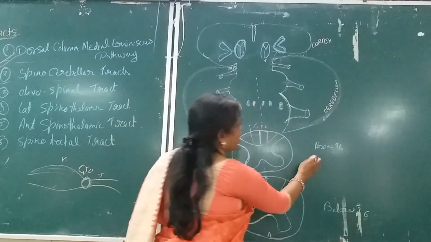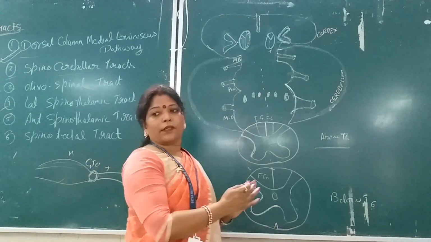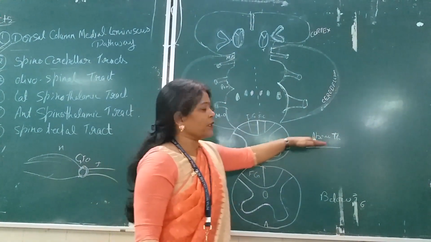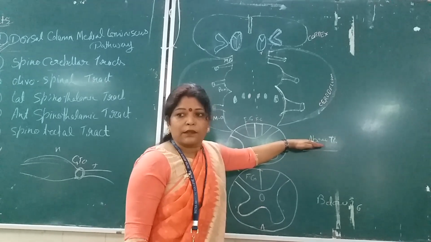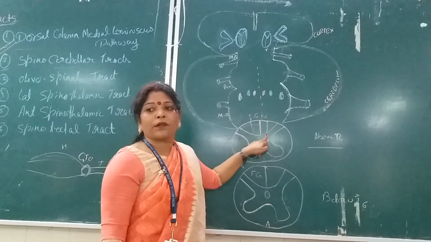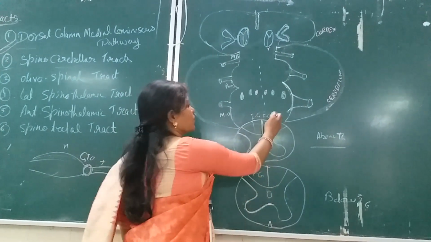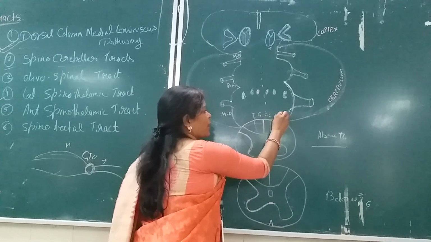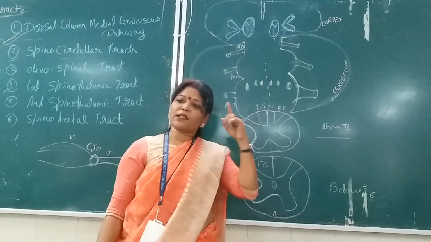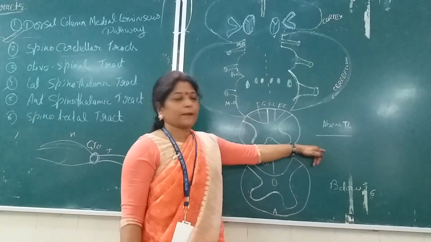What happens above the thoracic 6 or the T6 level, there is an addition of the same sensation, the fibers which are coming above the thoracic 6 level in the spinal cord. So that's why there is an additional tract, that is known as the fasciculus cuneatus. Cuneatus means C for cuneatus and C for cervical. So you will remember it is above the T6 level.